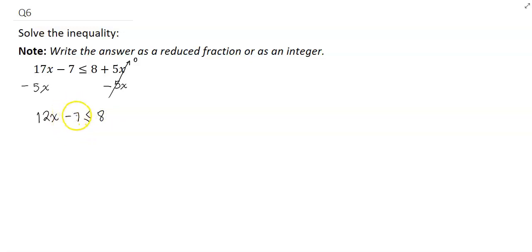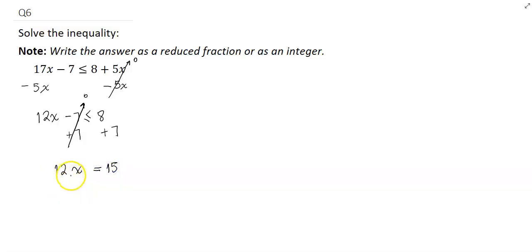Now I don't want the negative 7 here because I just want to have an x. So I'm going to add a positive 7. If I do it on one side, I have to do it on the other. So now this goes to 0. Now I have 12x. And here I have the number 15.